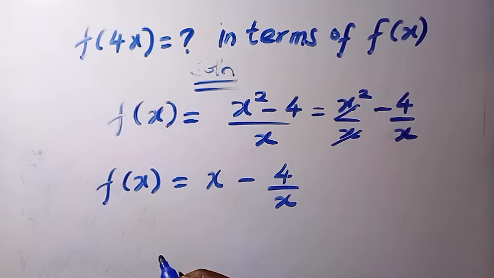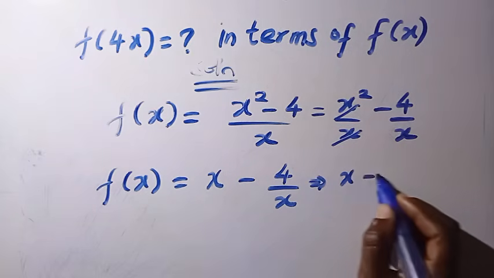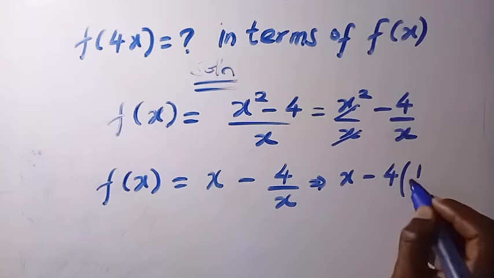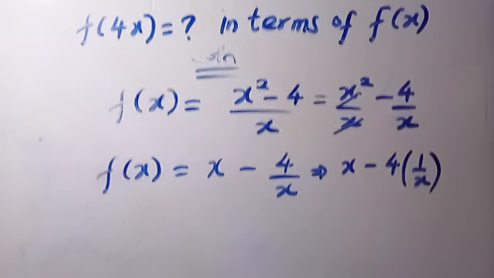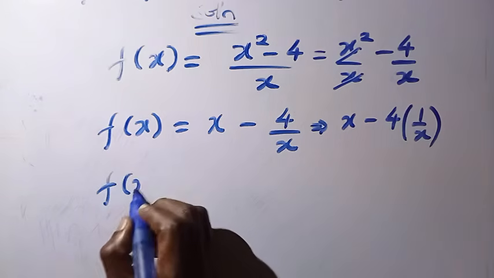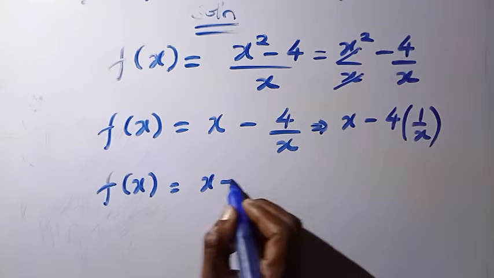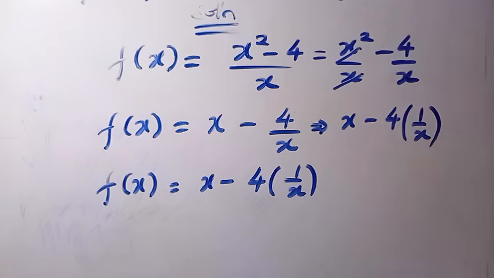I want to do something here. Suppose I write this as x minus 4 into bracket of 1 divided by x. So on getting this, I want to make 1 over x the subject of the formula. So we have f of x equals x minus 4 into bracket of 1 over x.